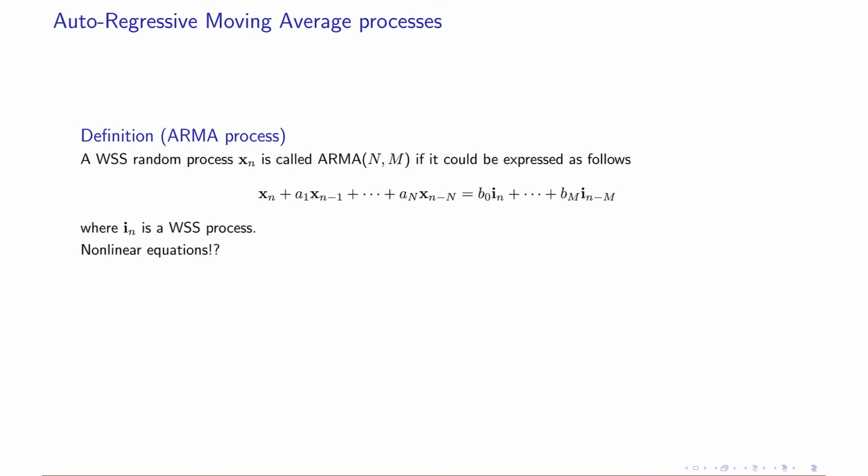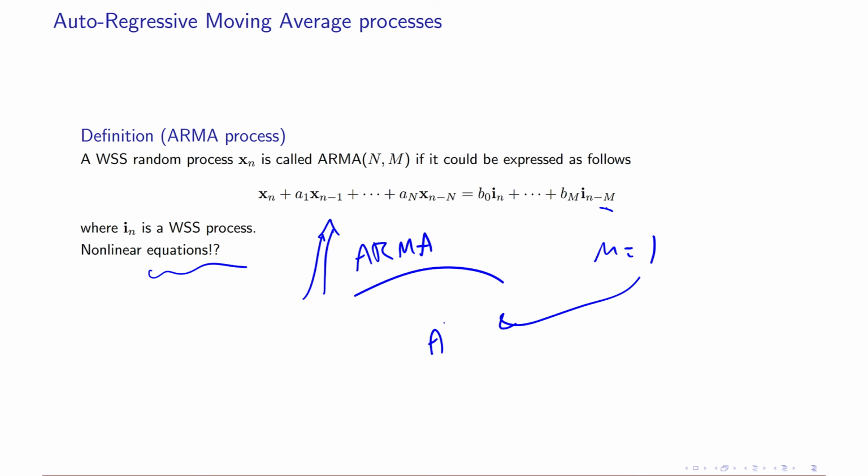So in the general case, the set of Yule-Walker equations becomes nonlinear. So ARMA is usually avoided unless this m is equal to 1, which makes the specific case of an autoregressive random process.